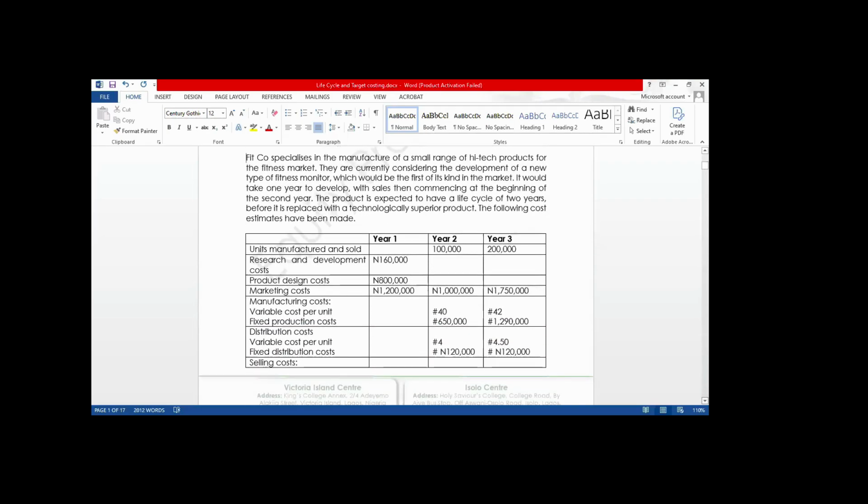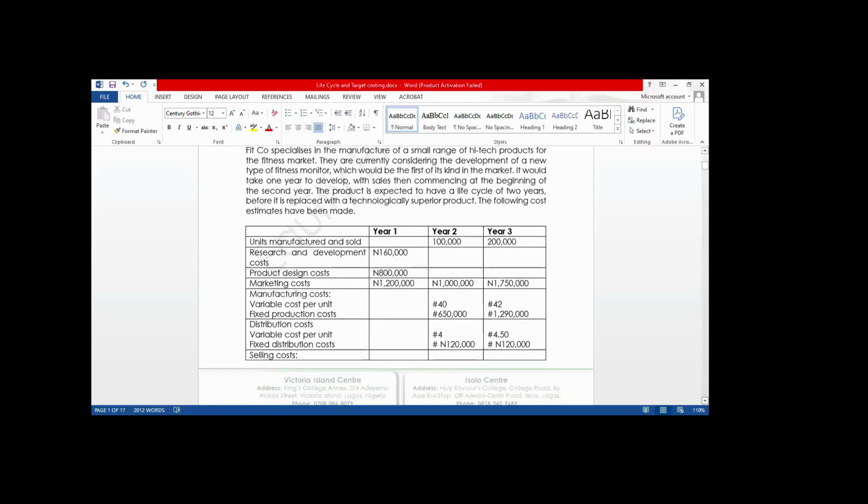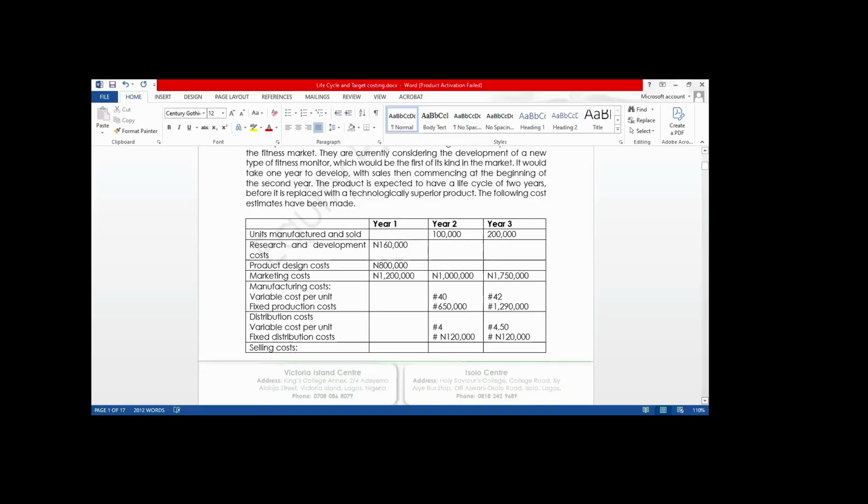Year 1, year 2, year 3. Required A: calculate the life cycle cost per unit. Let me explain this file.